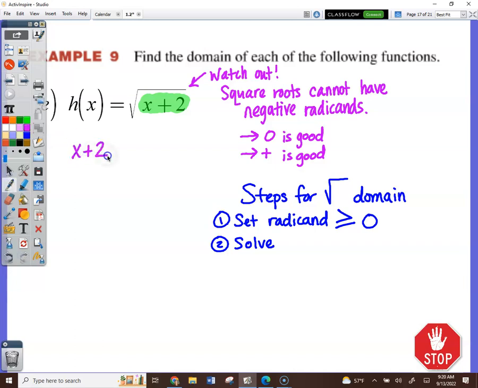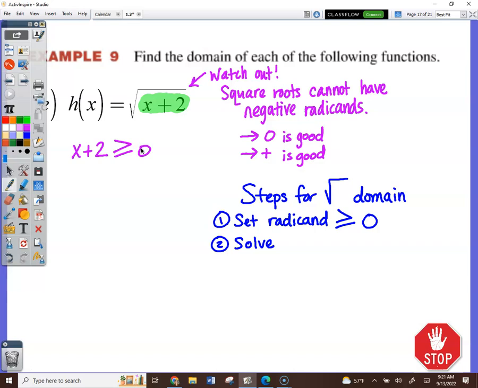X plus 2. Now it's not equal to 0, that's a fraction. It's got to stay positive or it can be 0. That means greater than or equal to 0, which means the value of this expression has to stay higher than or equal to 0. Visualize the number line. So you're calibrating.